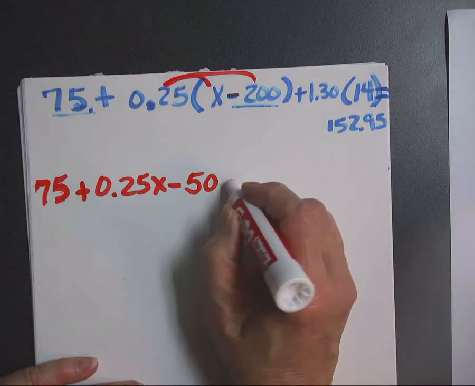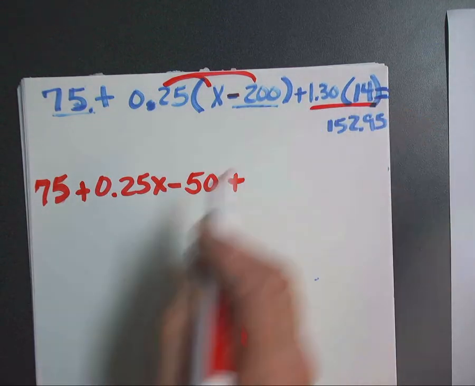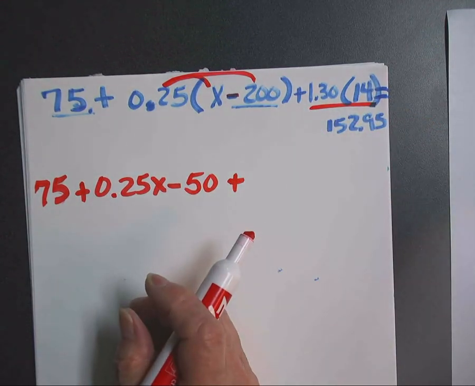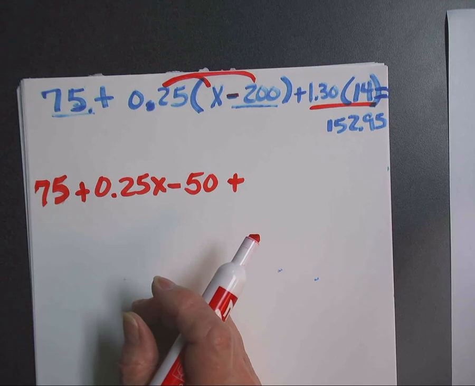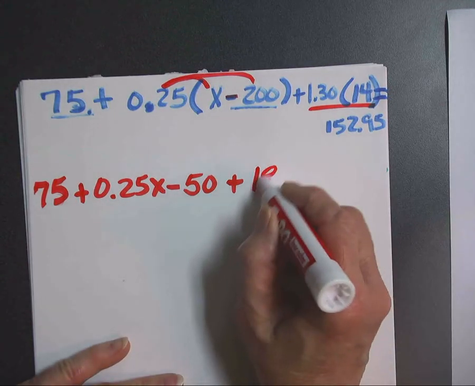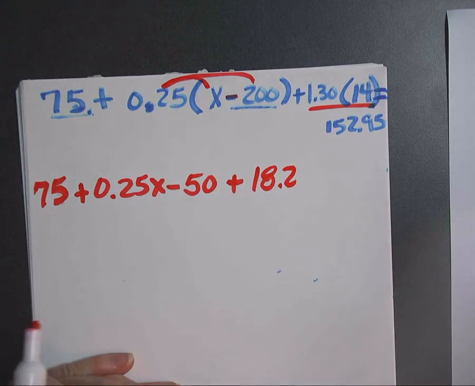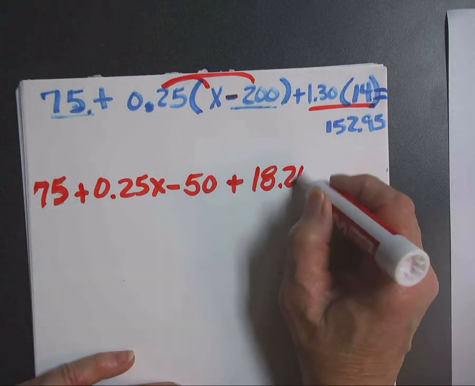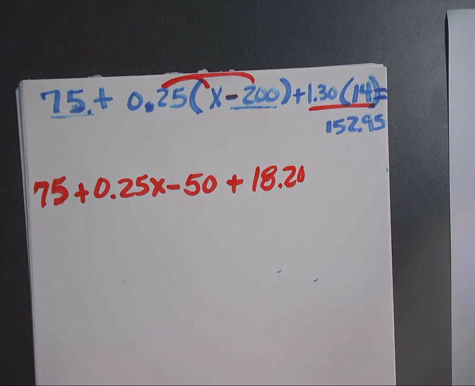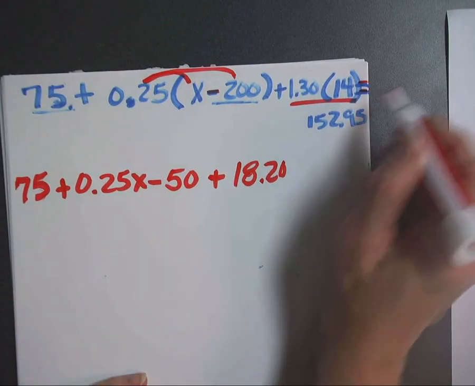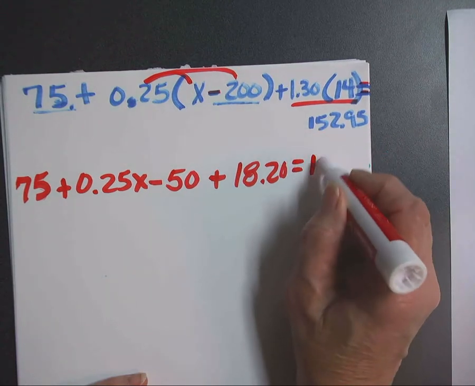Plus $1.30 times 14 is actually 18.20. It just shows 0.2 on the calculator. And then equals this.